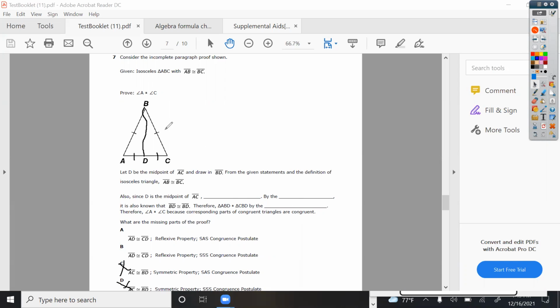So we're filling out this. We know these sides are congruent, these sides are congruent, this side is congruent based on the reflexive property. So that's side, side, side. So we have a side, side, side. So B.